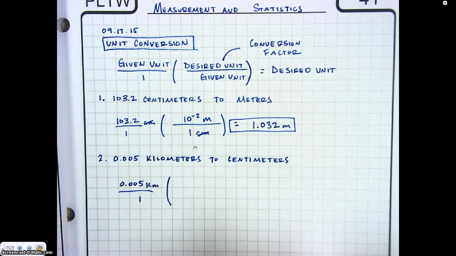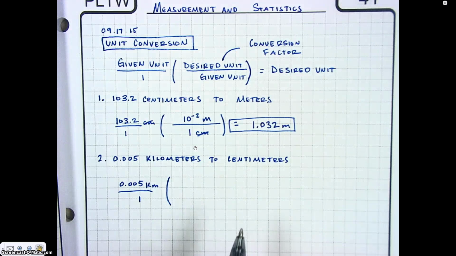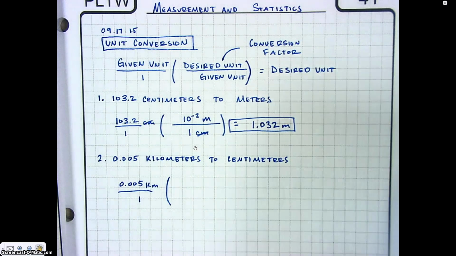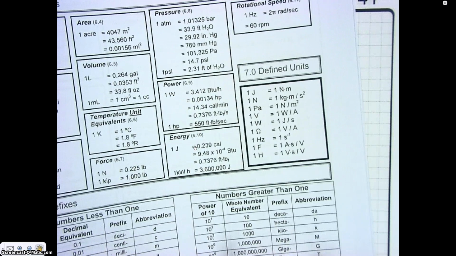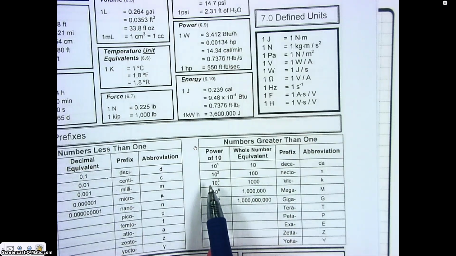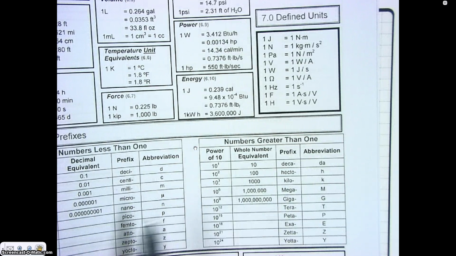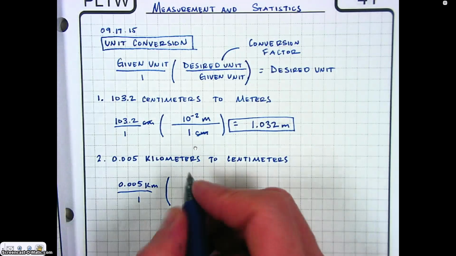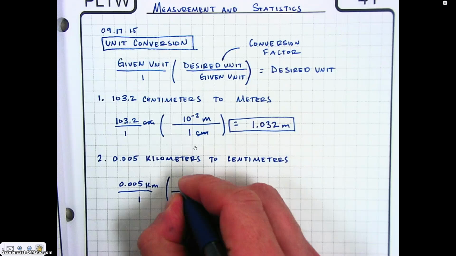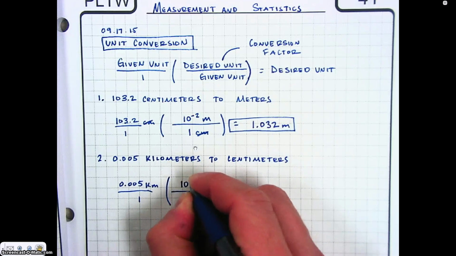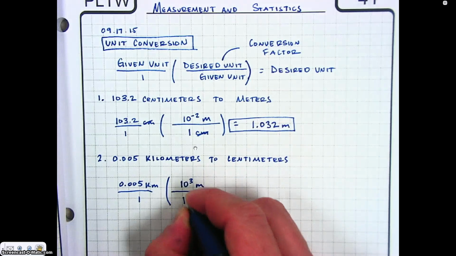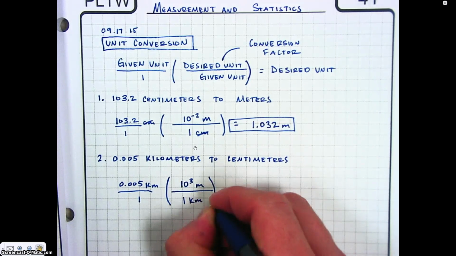Our conversion factor now, the first thing we're going to want to do is convert kilo back to the standard unit of meters. If I look at my decimal equivalent chart, kilo is 10 to the 3, or 1,000. So our desired unit for now is going to be meters. We'll get back to meters first. So 10 to the 3 meters is equal to 1 kilometer.